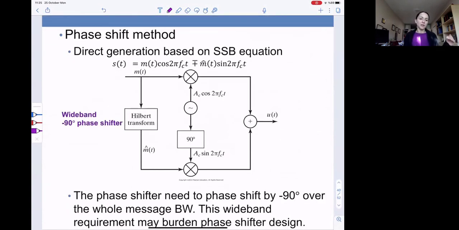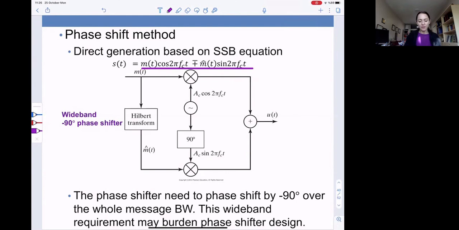So all of this was the first method where we first generate double sideband and then we filter one of the sidebands out. Another method is the idea of directly generating the SSB signal based on the mathematical expression that we derived.